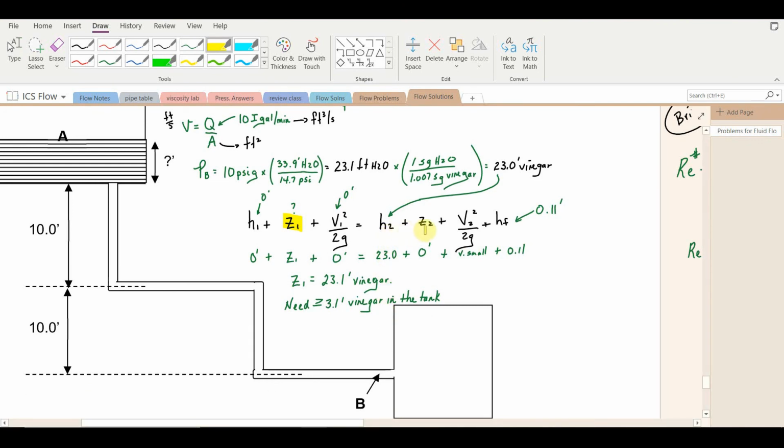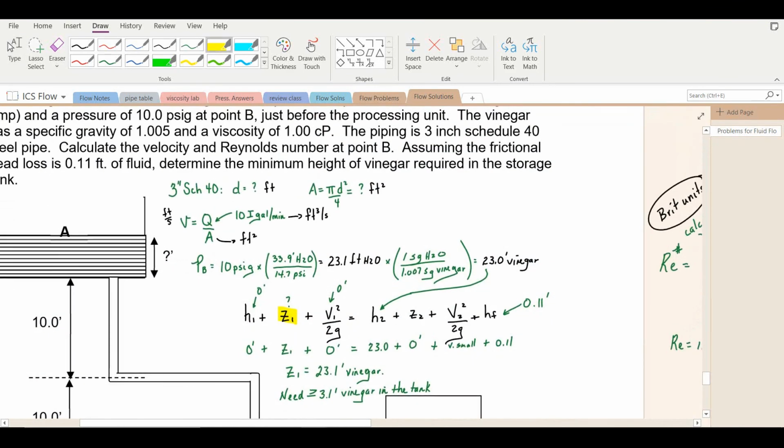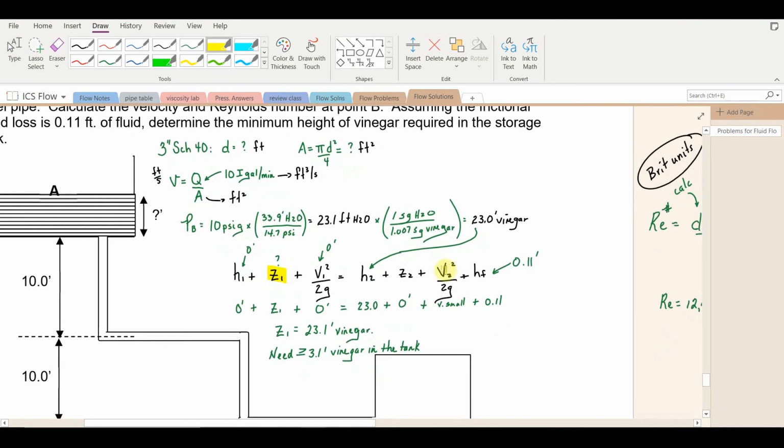And then the elevation at point B is going to be 0. And then we'll have a velocity term that was calculated up here. So the velocity in the 3-inch schedule 40 pipe was calculated from the flow rate divided by the area of the pipe, and so that gave us the velocity term, which we'll place down here. And the head loss due to friction was given as a small quantity, 0.11 feet of vinegar.